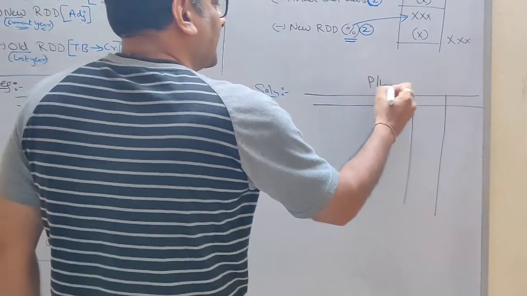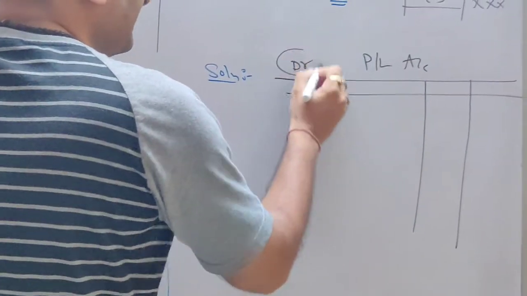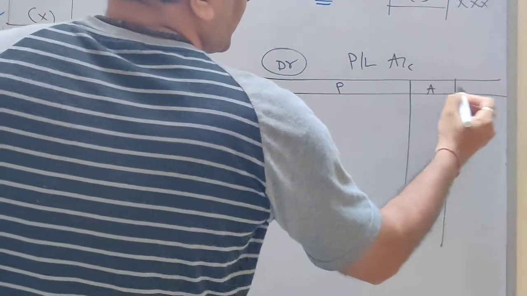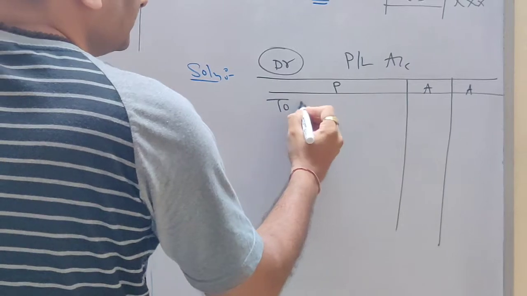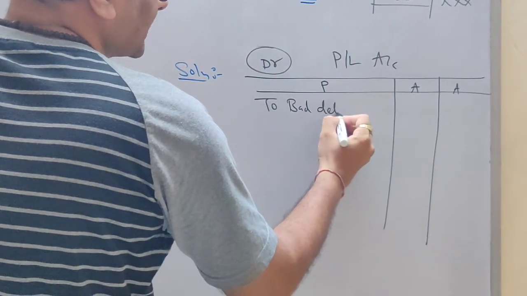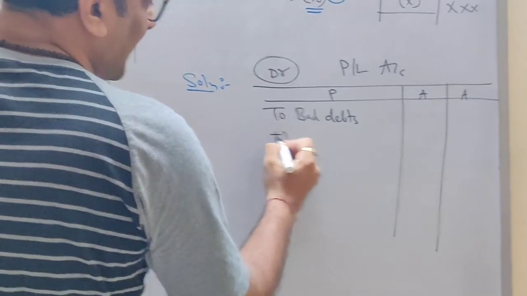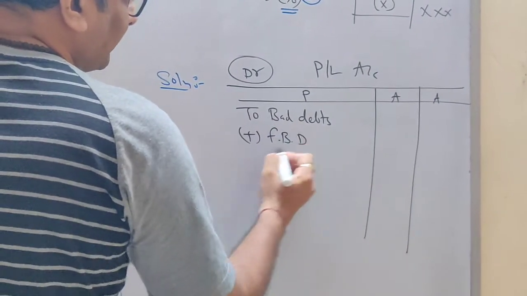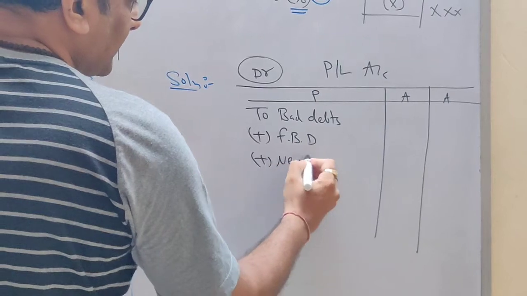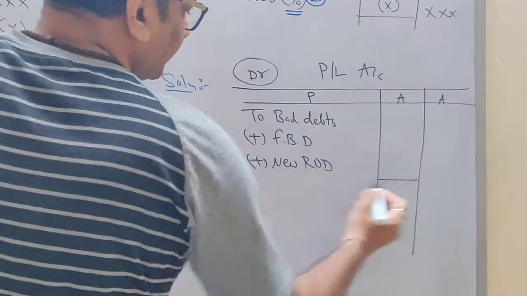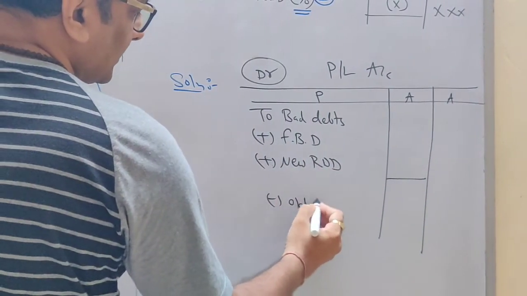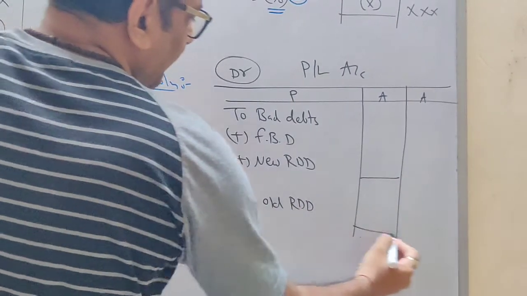So you will make the P&L account only with the debit side. To bad debts. How many elements are there, students, in this format? 4 elements. To bad debts, add further bad debts, add new RDD, less old RDD.